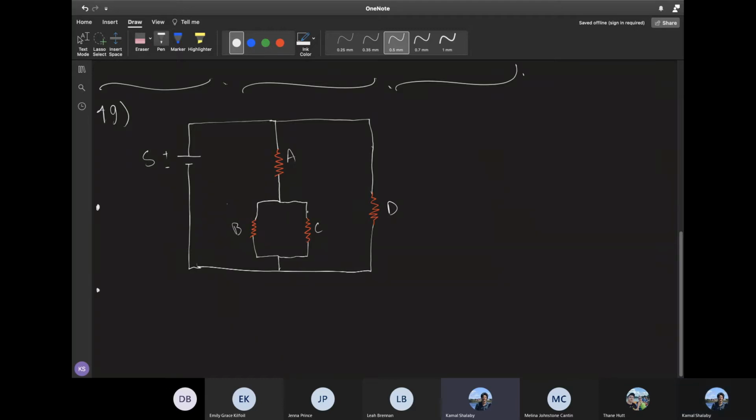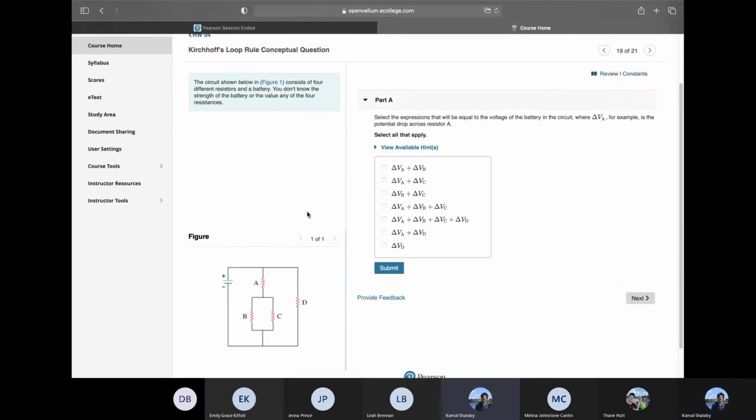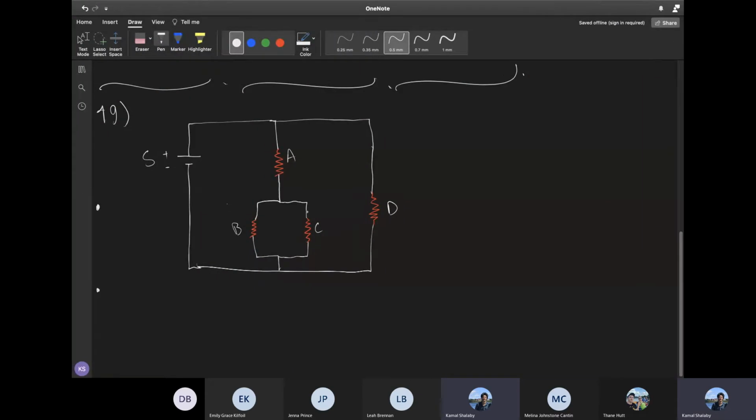So what does Kirchhoff's law say? In any circuit, what do you know about the sum of all the potential differences in it? Let me try a different way. Okay, so let's start with this.